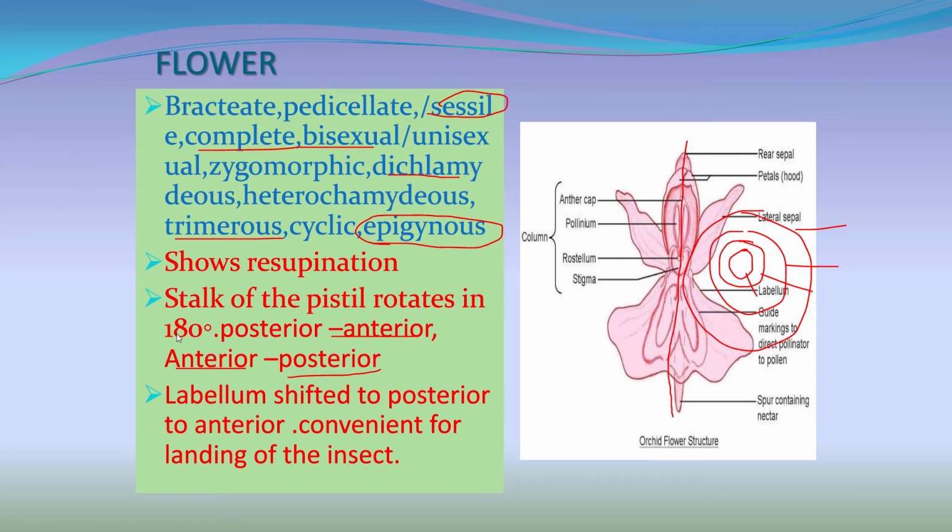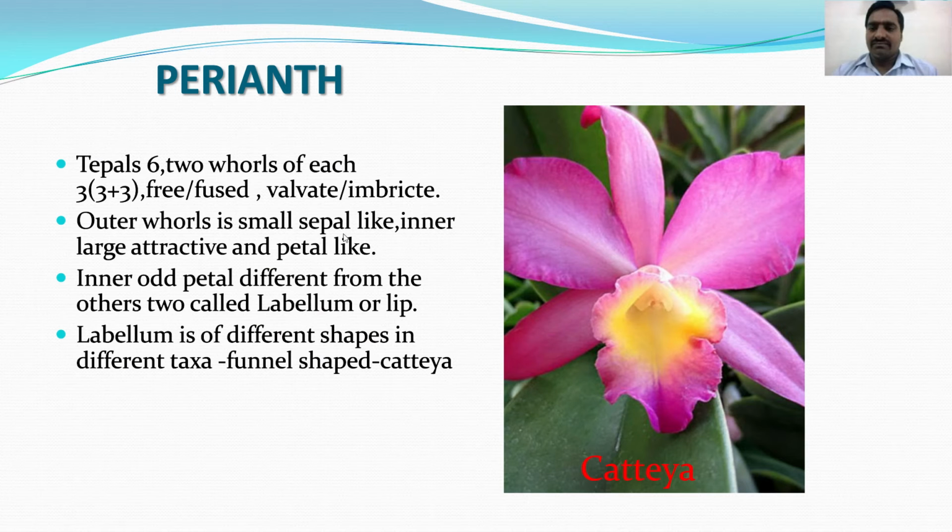That 180 degree rotation is called resupination or torsion. So in this resupination, the labellum shifts from the posterior part to the anterior side, so that it is convenient for the landing of the insect.